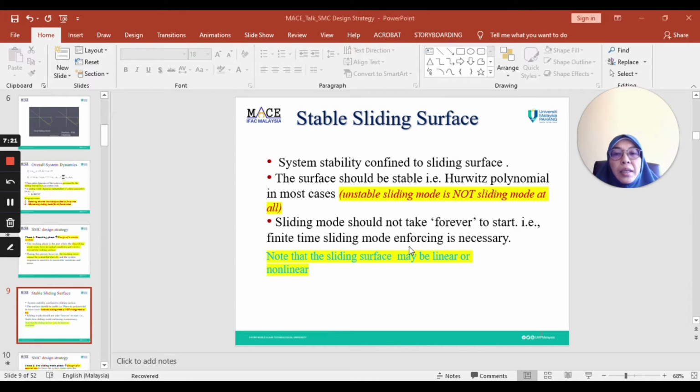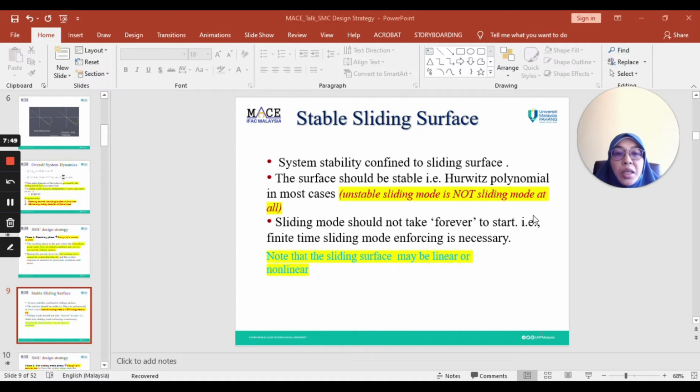How can we design a stable sliding surface? The sliding surface is stable if it is a Hurwitz polynomial in most cases, meaning an unstable sliding mode is not a sliding mode at all. So we have to have a stable sliding surface to make sure our sliding mode exists.